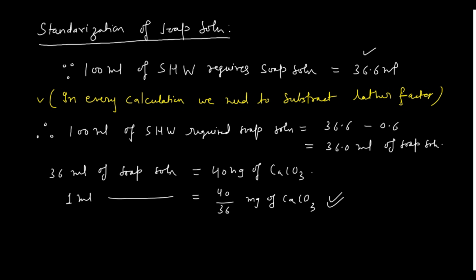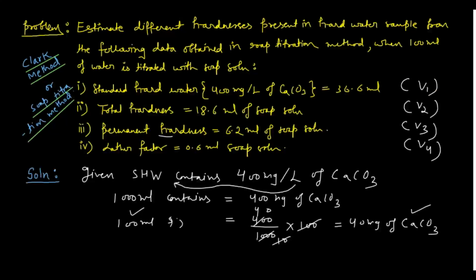Basically, this is very important. I already told you, in every calculation involved in the water hardness calculations, we need to convert all the hardness causing substances into the calcium carbonate equivalent. Now I am moving further, and if you go back, what you can see here, for the total hardness, that means your sample water, for which you are going to estimate the water hardness, 100 ml of this sample water requires 18.6 ml of the soap solutions.